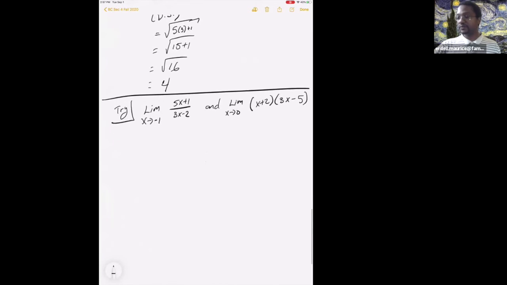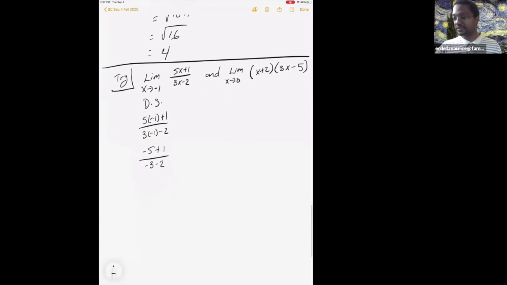So for the first one, direct substitution, that's going to be 5 times -1 plus 1 divided by 3 times -1 minus 2. That's -5 plus 1 divided by -3 minus 2. I'm checking your signs, checking to see if you still love your signs. -5 plus 1 is -4, yes? -3 minus 2 is -5.